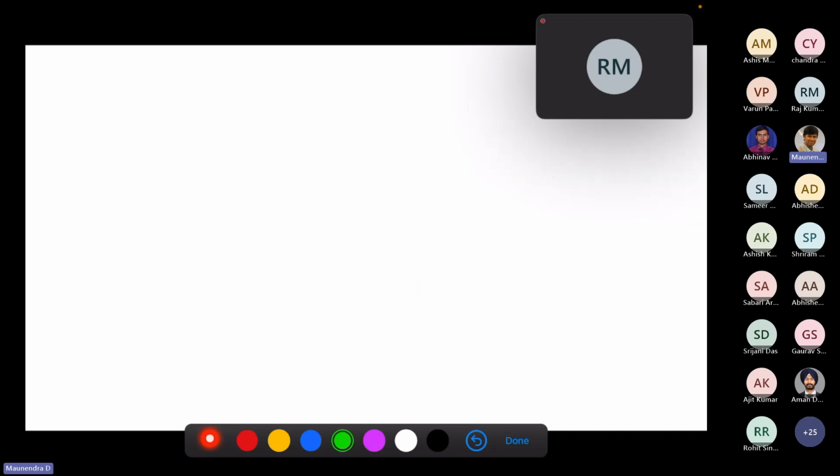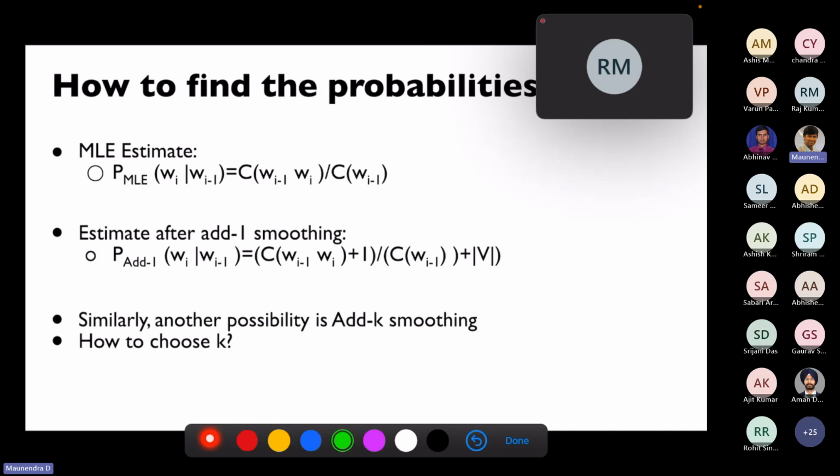So that's why people say that instead of add 1, we can have add-k smoothing, where k can be less than 1 also. Our numerator now becomes C(w_{i-1} w_i), they appear consecutively, plus k instead of 1. Can you suggest how the denominator should change?